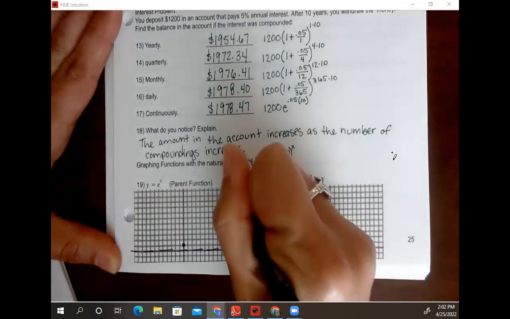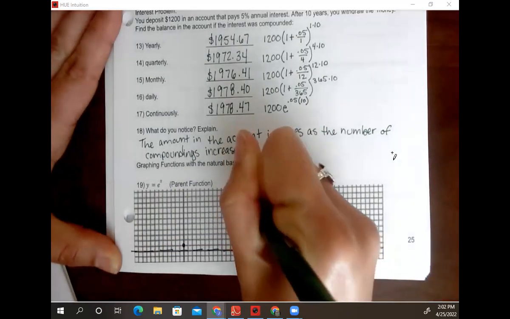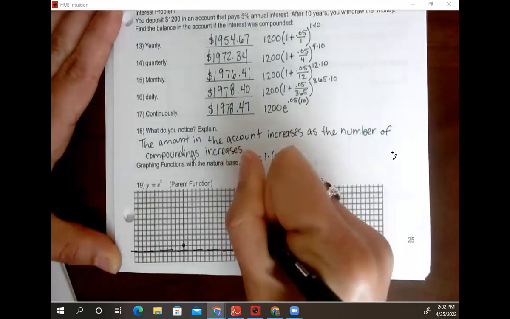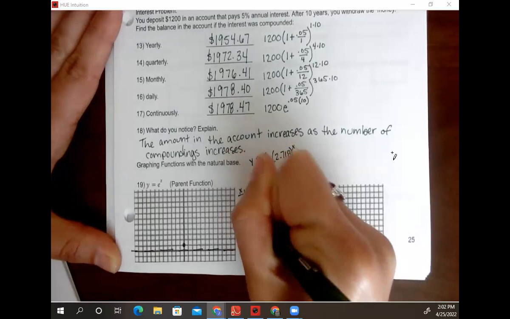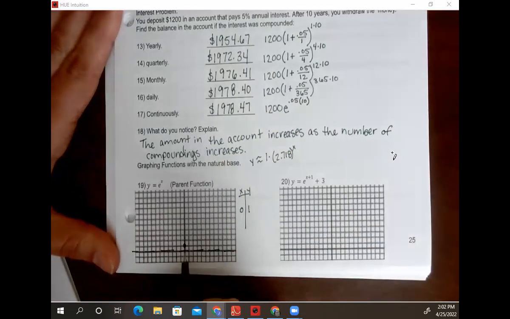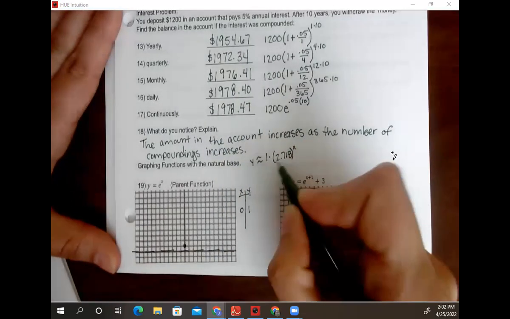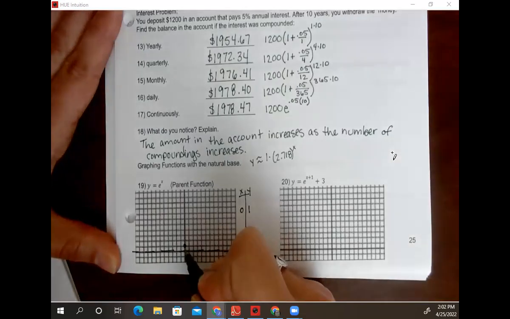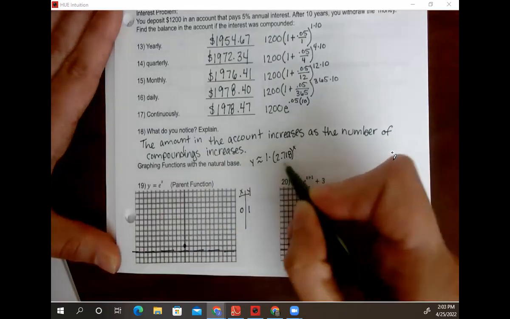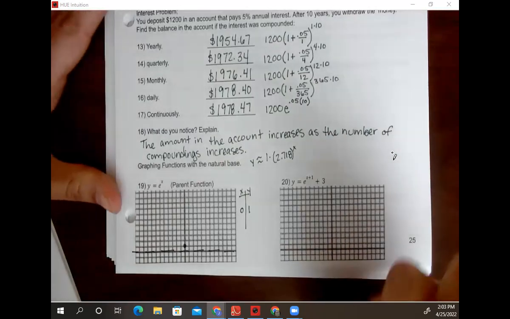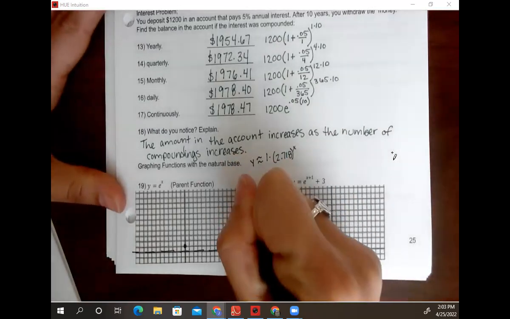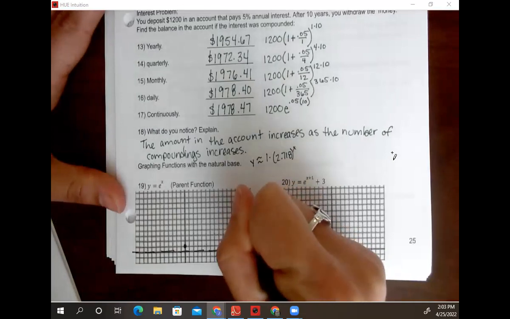So if I'm keeping a little table here to keep track of some x and y values, I've got a point at 0, 1. If I want to find points moving forward, this is my growth rate. So I could take this distance and multiply it by 2.718, or you could just plug some more values for x in. So I'm going to plug in -1 and +1. We'll go up to 2.